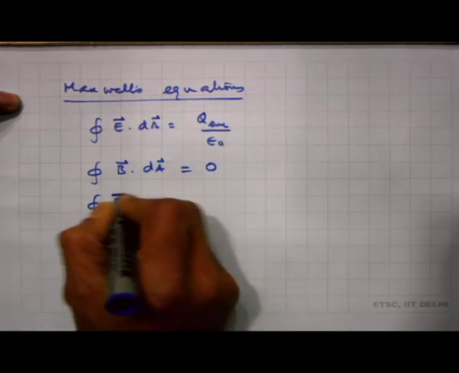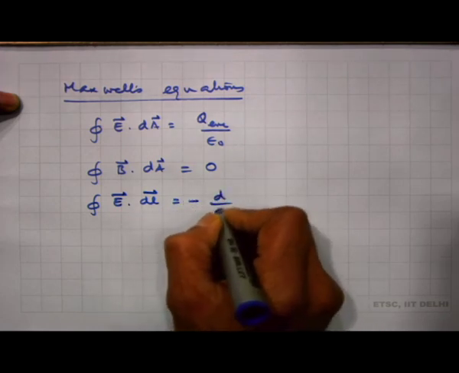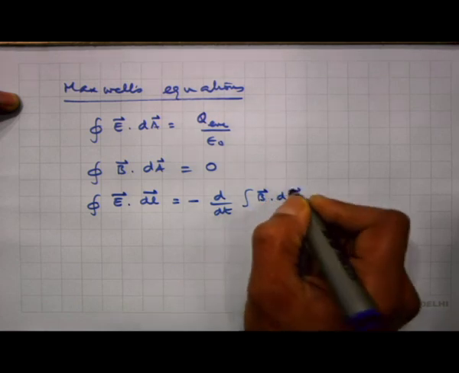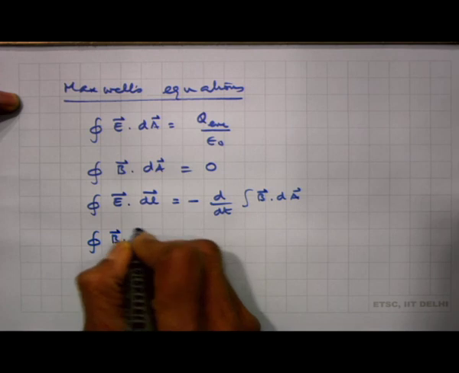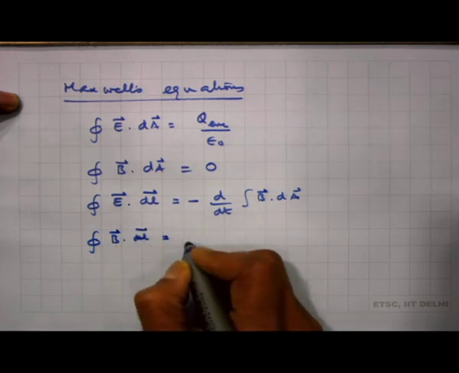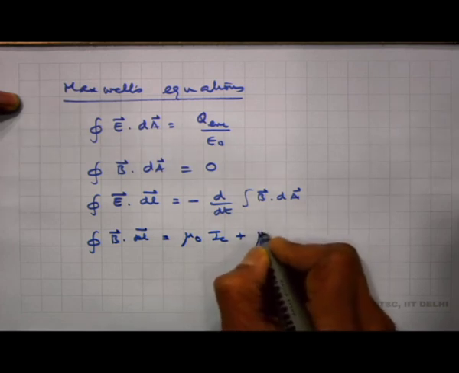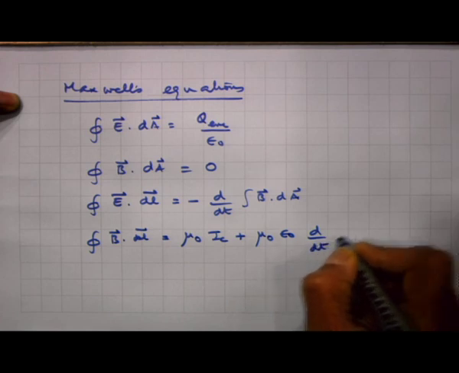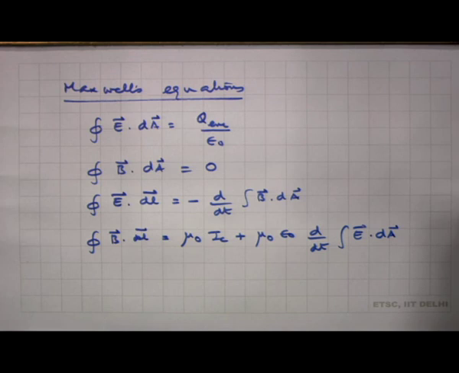Integral E dot dL is equal to minus d by dt of integral B dot dA. Integral B dot dL is equal to mu naught I_c, conduction current, plus mu naught epsilon naught d by dt of integral E dot dA. The 4 very important Maxwell's equations.